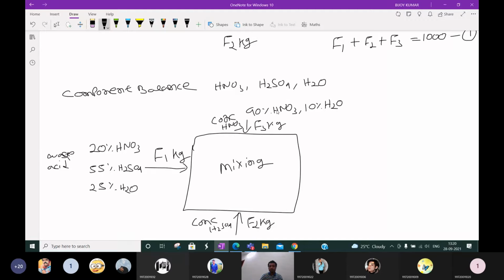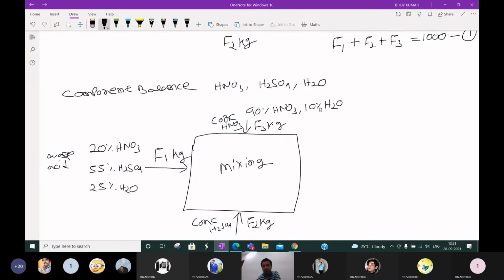Yes, sir. But in this problem it is given as 90% HNO3, so the remaining 10% is always water. And 20% acid means the 20% is acid and the remaining 80% is water. Anything not given is water, and the question says concentrated HNO3.